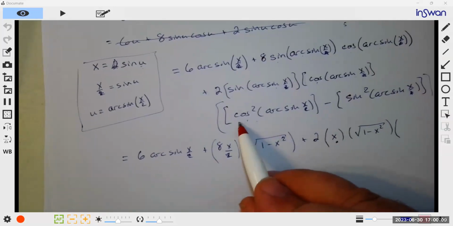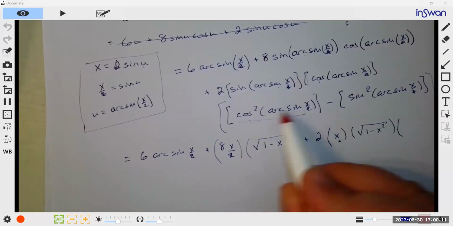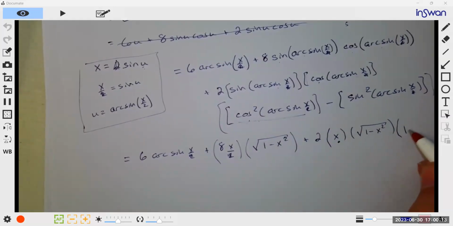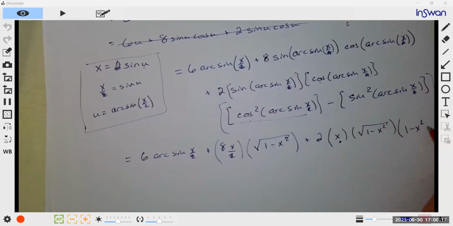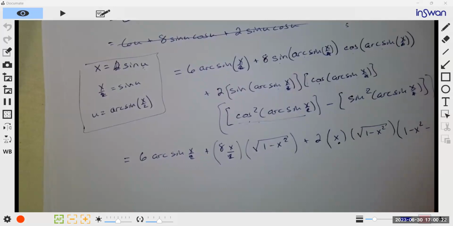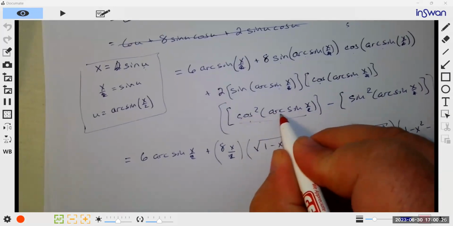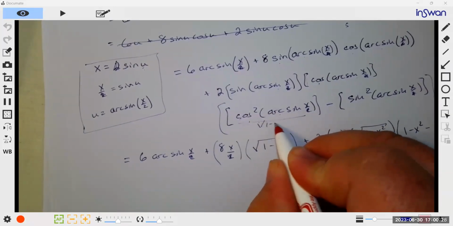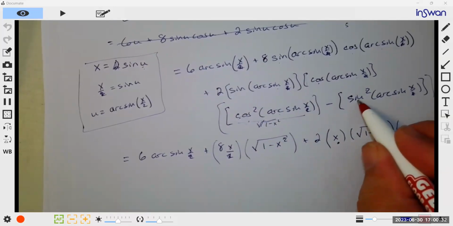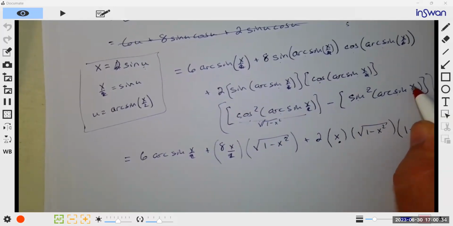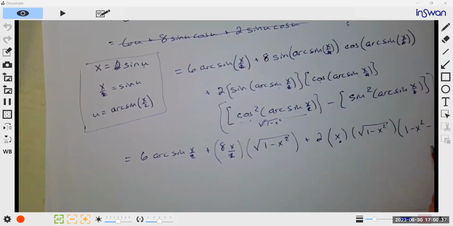So this one, since it's squared, it's going to be 1 minus x squared. And sine squared is just going to be x squared. Because cosine of arcsine is the square root of 1 minus x squared, if I square it, the radical's gone. Sine arcsine is x, squared, makes it x squared.